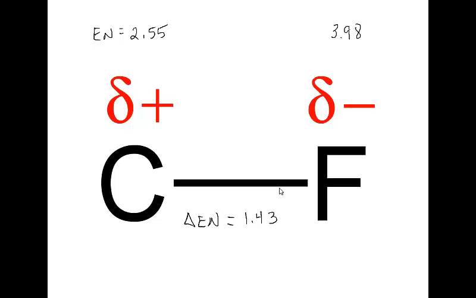Then you'd have to think to yourself, okay, is it nonpolar or is it a polar covalent bond? Based on the position on the periodic table, fluorine, and of course fluorine has the largest electronegativity of all the elements on the periodic table. Fluorine has a large electronegativity, therefore this bond is going to be polar.